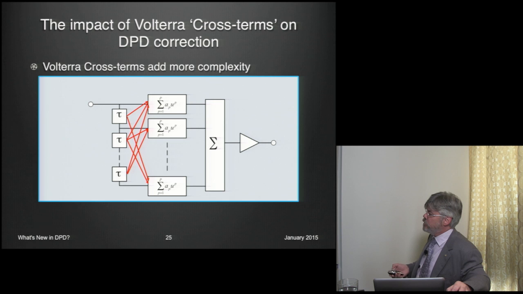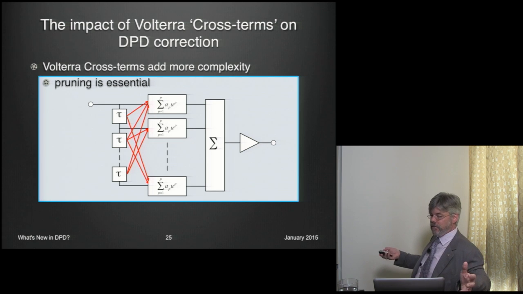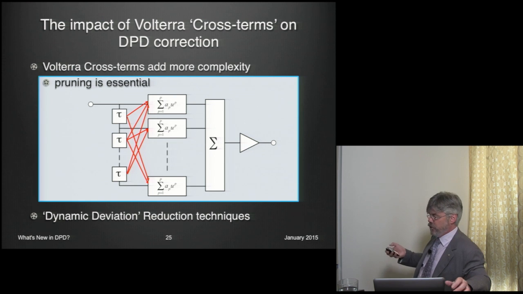So some pruning of these cross products and terms is essential, and there's an awful lot of work gone on in the last 5 years in terms of systematic ways of reducing these to the essential ones that will do the job for you in a predistorter and give you a relatively small number of coefficients that you can manageably calculate in a reasonable time. A technique that I've used, dynamic deviation reduction, was developed by Professor Zhu and colleagues about 10 years ago now, and is being implemented in practical DPD systems.